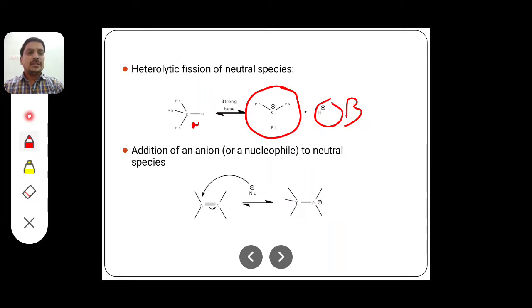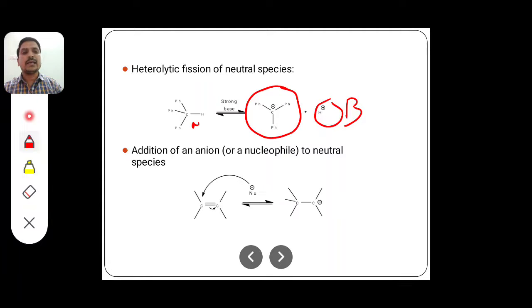Next method of formation of carbanion: addition of an anion across a carbon multiple bond, or maybe any neutral species. Addition of an anion, a negatively charged species, to any neutral species can generate carbanion. For example given here, an alkene with a carbon-carbon double bond is there, and an attack of nucleophile is shown.